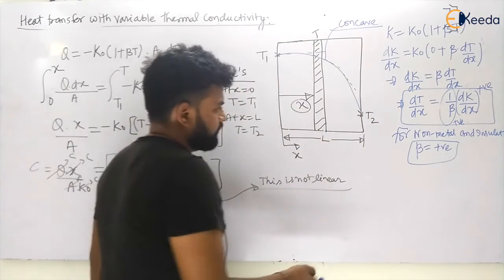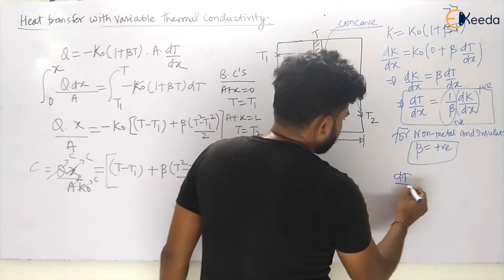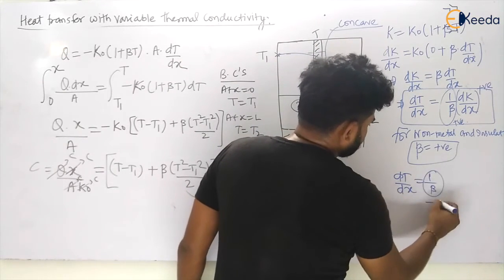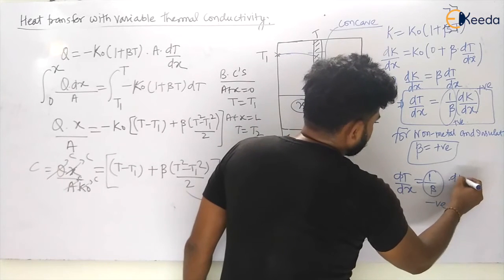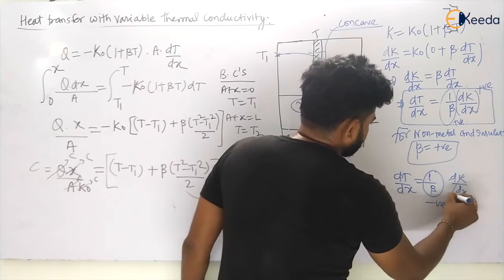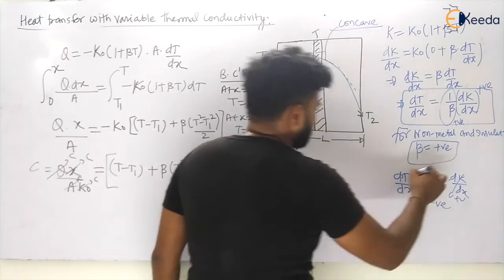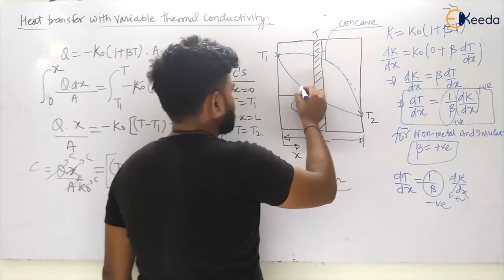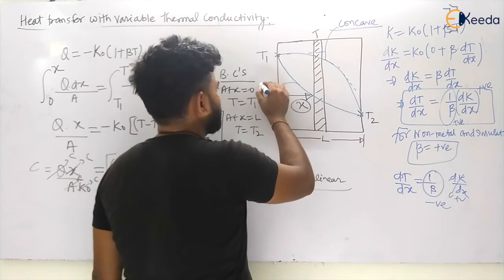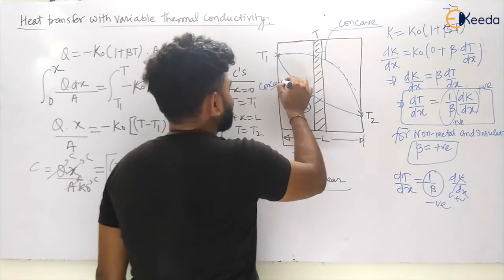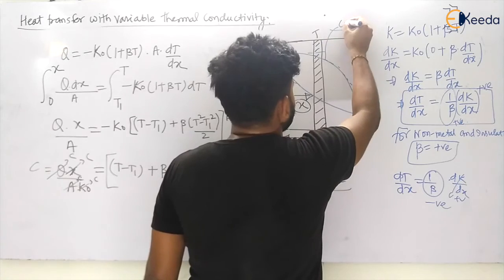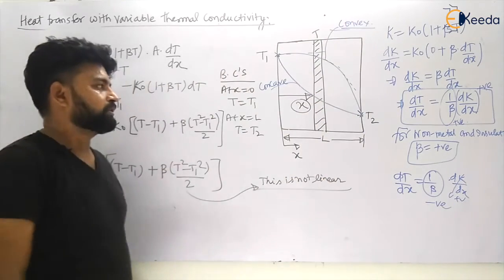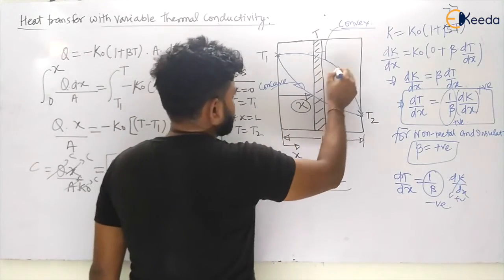And vice versa, dt by dx for metals will be 1 upon beta, so this will be negative, and dk by dx will be positive, so this value will be negative. Then dt by dx will be like this. This is concave and this is convex, my dear students. Convex temperature profile, and this is concave temperature profile in this direction.